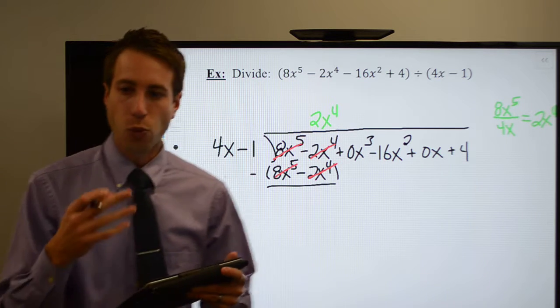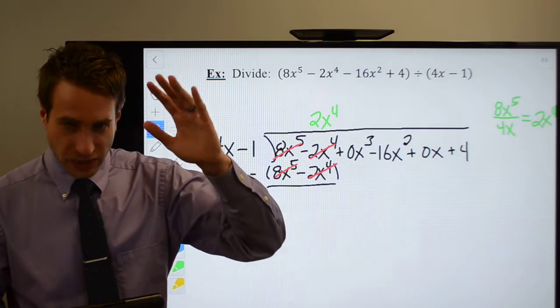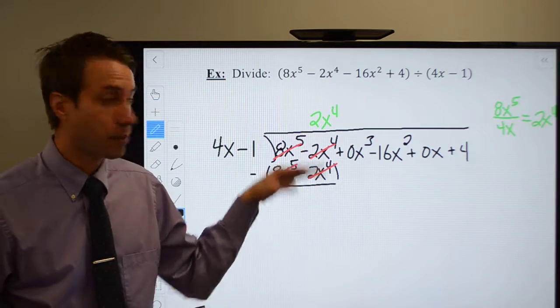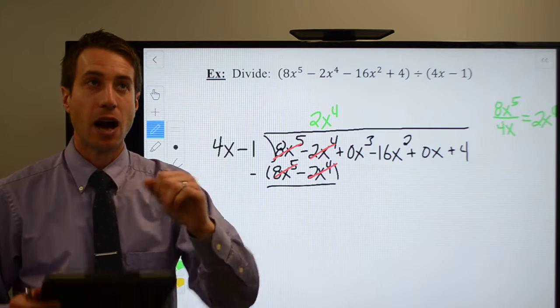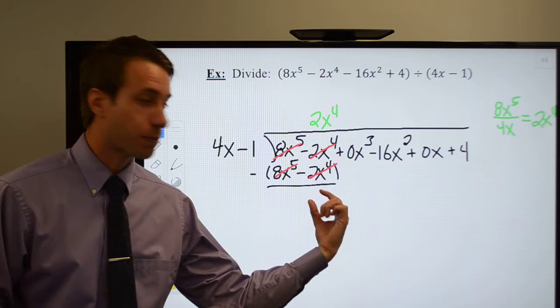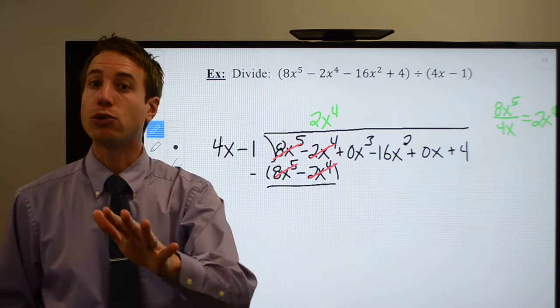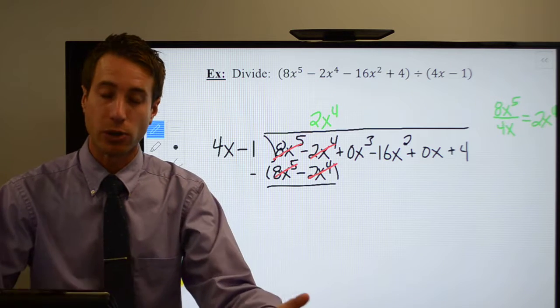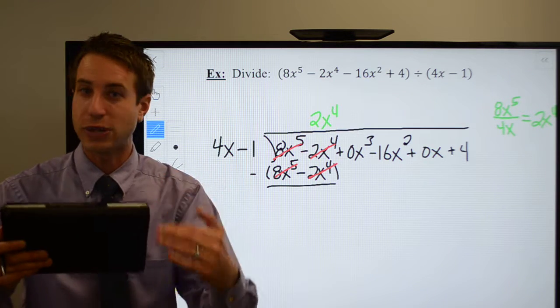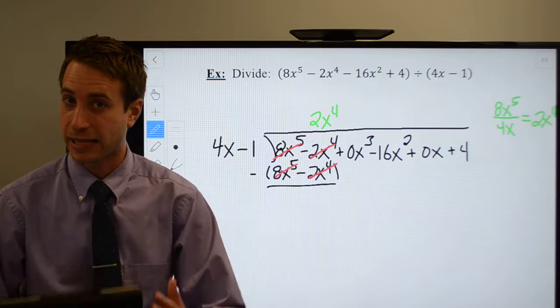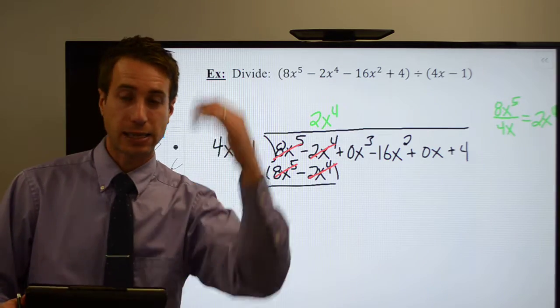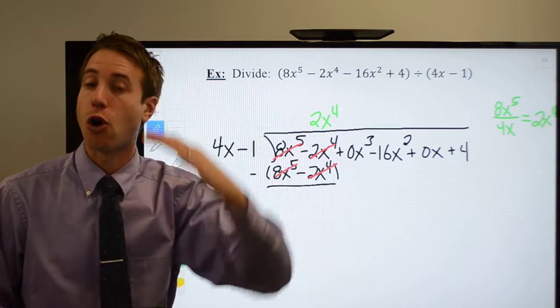All right, so what happens here is everybody winds up going away. That's okay. You're going to be tempted to just put a 0 here. Don't do that. Well, you're going to put a 0 there, but we need to make sure that we keep following those x's raised to their appropriate powers all the way through the problem.